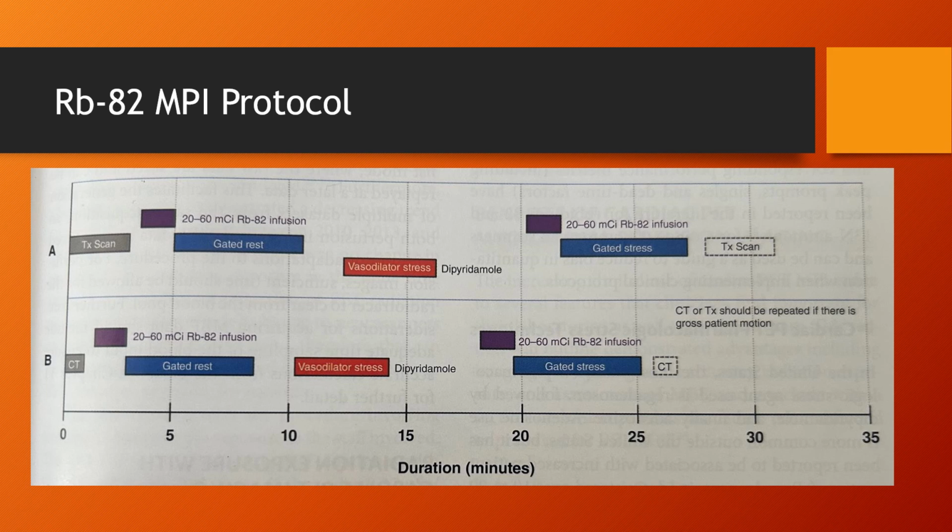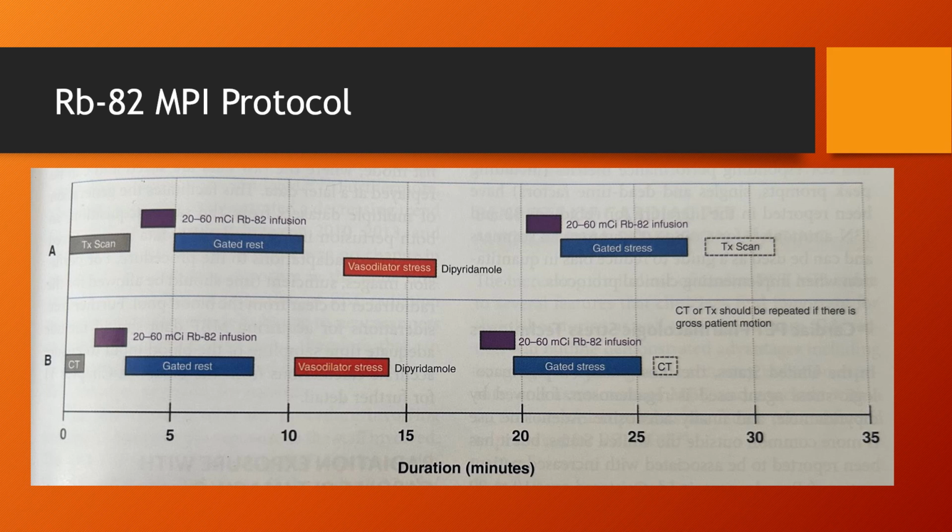And then about 2 minutes later, at the peak of vasodilation, you'll start the rubidium infusion again. The person will receive their gated stress images, and then at that point, you can repeat the transmission scan if you need to. Whole test takes about 30 to 33 minutes when you're doing a PET standalone procedure.